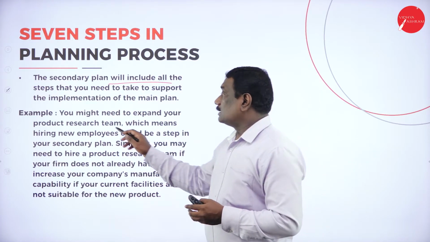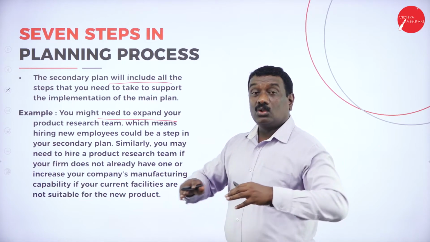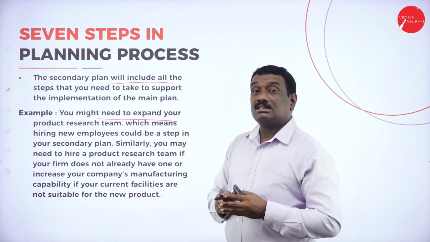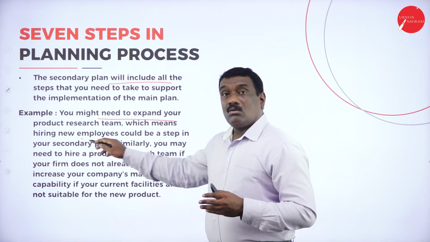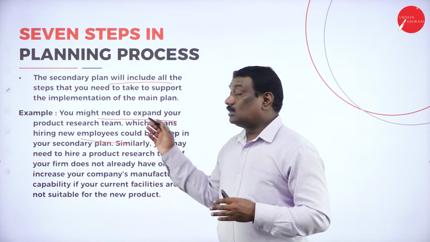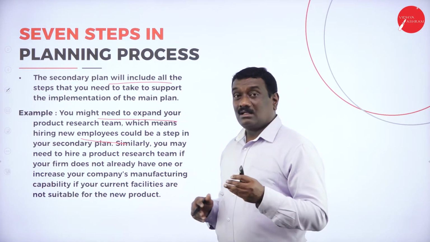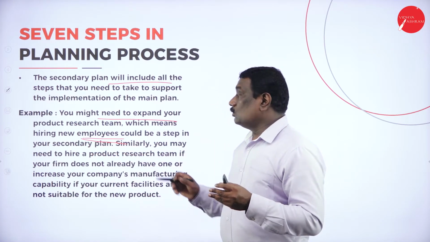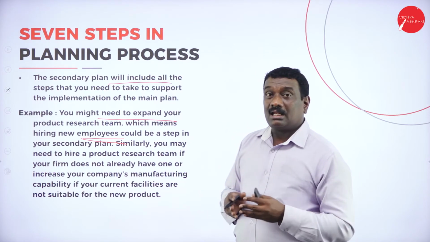As an example, you might need to expand your product research team. That is your main plan, right? Which means how we are going to increase or expand your team. The supporting plan, or secondary plan, is that you need to hire new employees, which could be a step in your secondary plan.